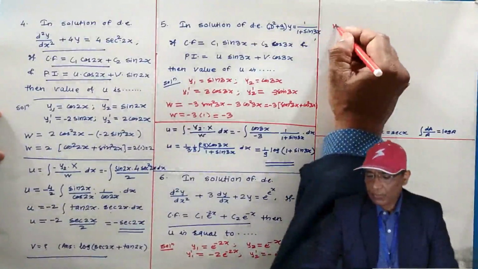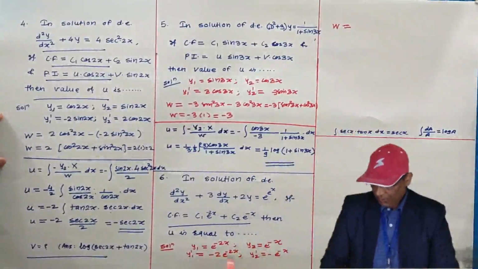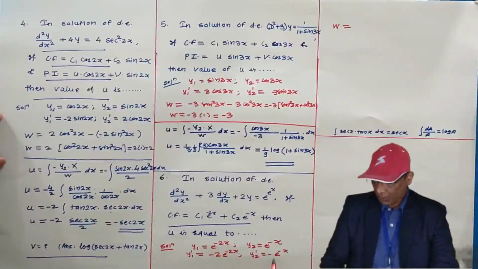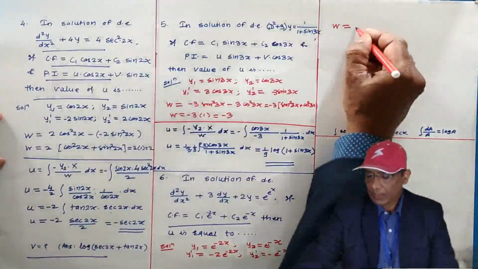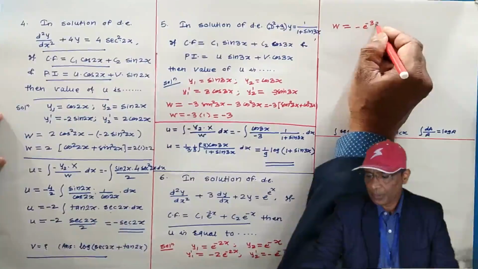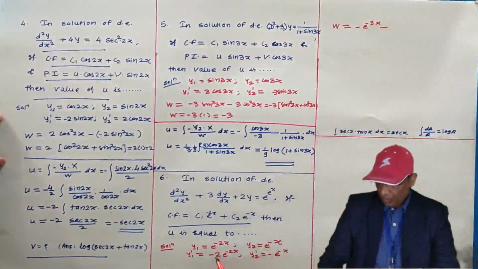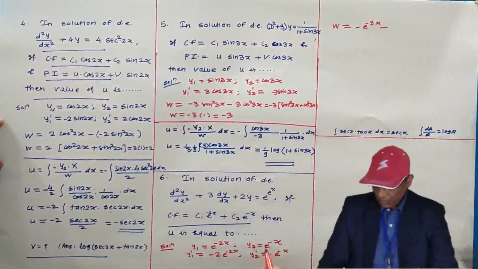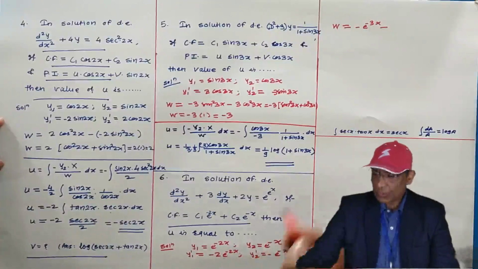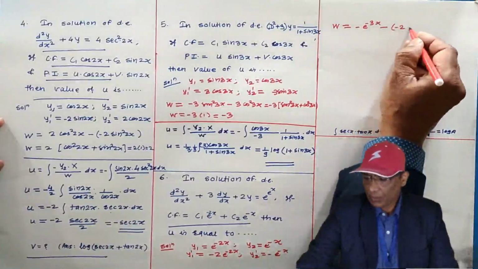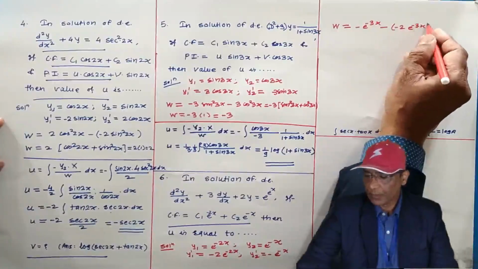Now try to find W. W equals y1 into y2 dash, e to the power minus 2x into e to the power minus 6, directly writing e to the power minus 3x, minus the product of y1 dash into y2, which is minus 2 e to the power minus 3x again.